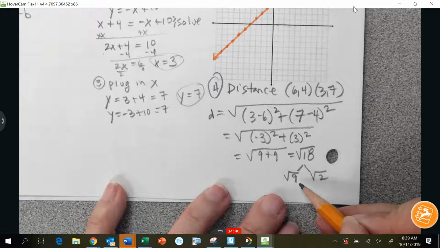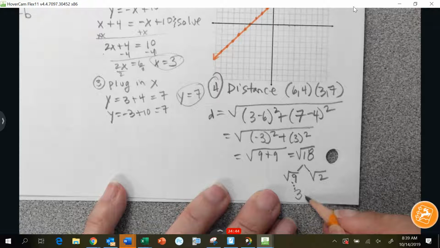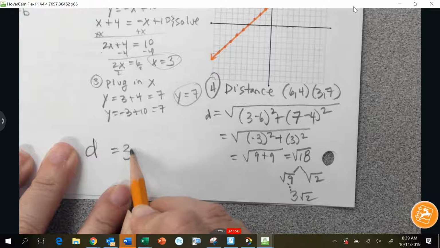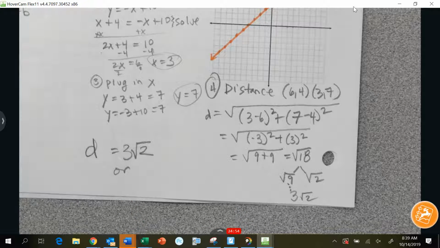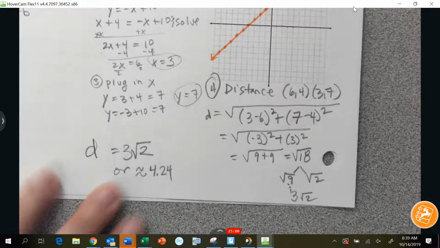When we take the square root of 9, we get 3. And then square root of 2 you cannot break down. It's already as simplified as possible. So our distance is going to be 3 square root 2. Or if we type it in the calculator, it'll be approximately 4.24.